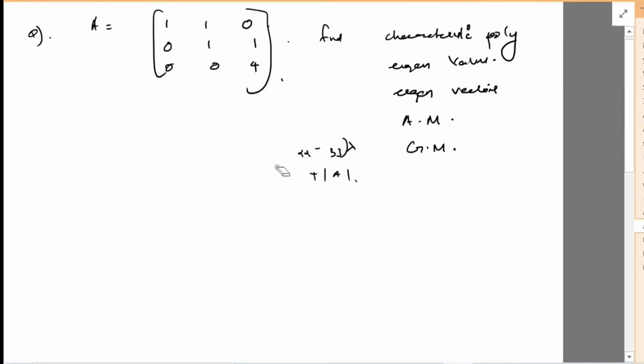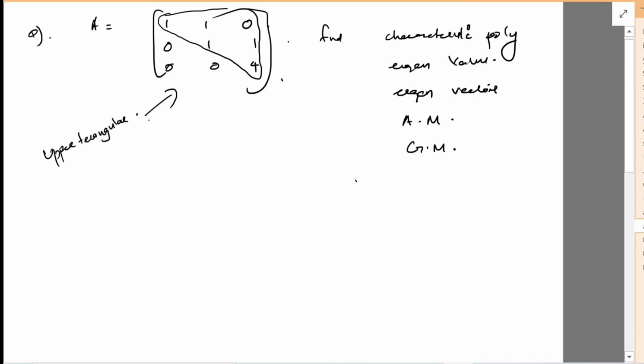But in this question, we don't have to use that method, because if you look at this matrix, it is an upper triangular matrix. Upper triangular means the entries below the diagonal are 0. So this matrix is actually upper triangular.